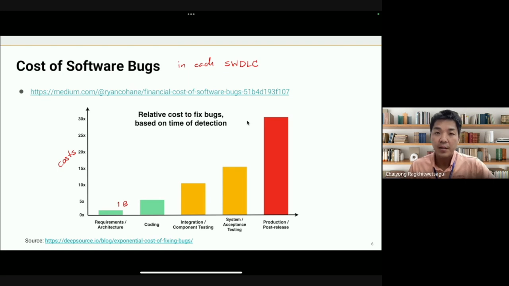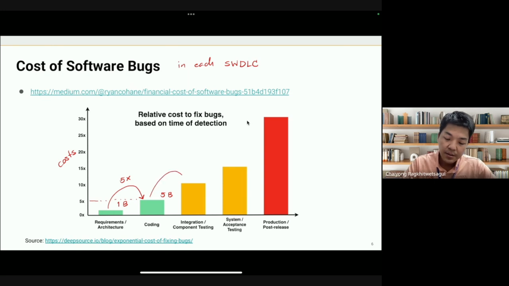So if you find a bug during the requirements phase, let's say we need to pay 1 baht for fixing that bug. Finding the bug during requirements is not very difficult to fix. You just need to readjust the requirement text, and then make sure that it is correct by checking with the customers, right? If you leave that bug until the coding phase, the cost to fix the bug is around 5 baht, which increases the cost by 5 times.